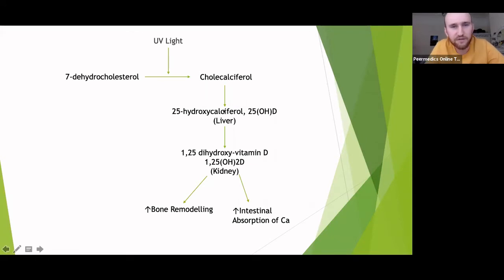So a good question. Danny's just asked, how do people with kidney disease convert vitamin D into its active form? As we'll touch on later, they have an issue with this. Vitamin D2 is slightly effective, it's just not as effective as vitamin D3.